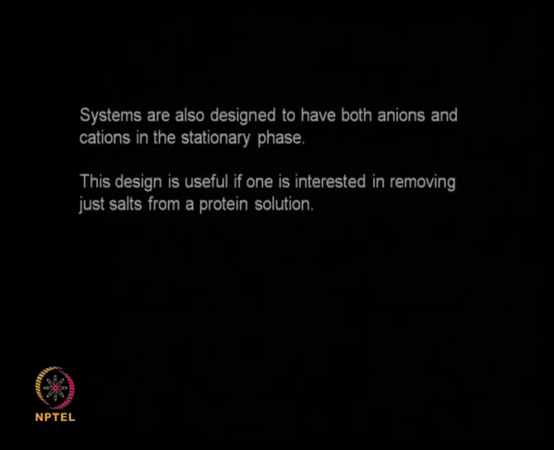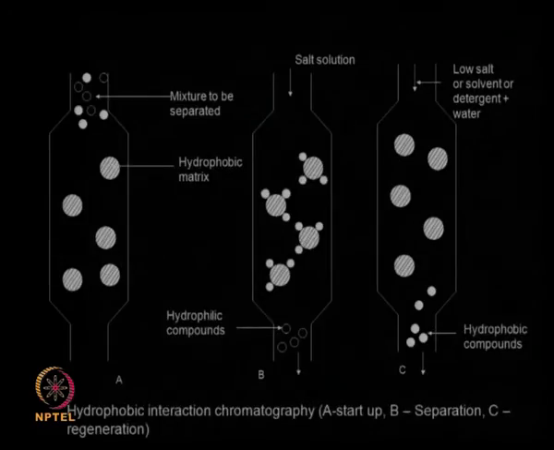That way we can remove all the salts present from a protein. So a protein entering with salt, what is leaving will be pure protein, no salts. That is also a very good system. So you may have a salting out facility followed by an anion cation exchange combination.